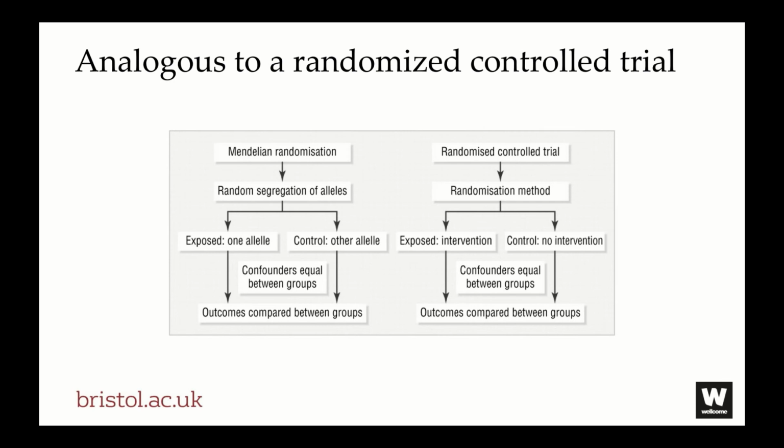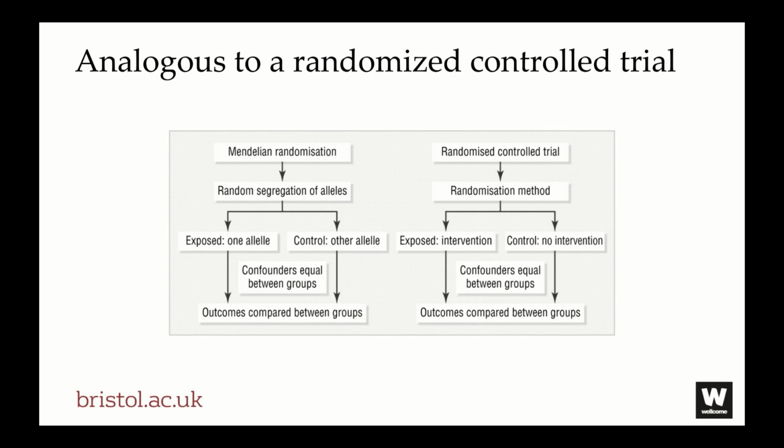And just to reiterate the point of its analogousness to randomized controlled trials, it's similar to the illustration that I showed before. On the right, we have the randomized controlled trial, randomly assigning people to either an experimental intervention or a drug. Any differences we see in the outcome should be due to the effect of that randomization on our exposure of interest.